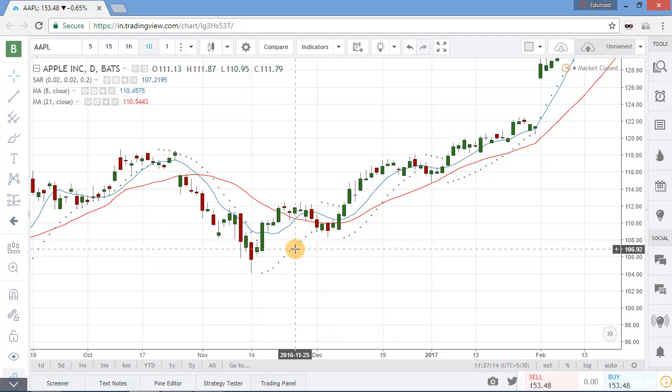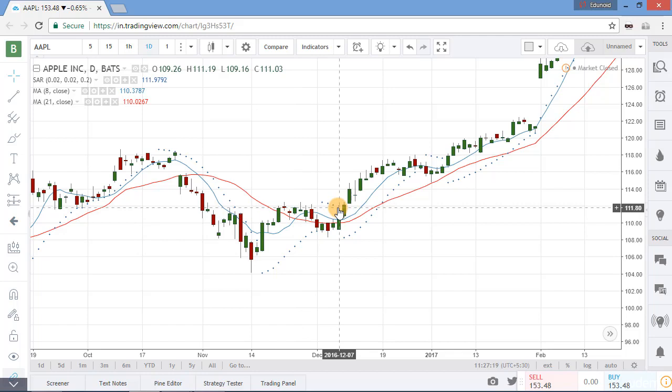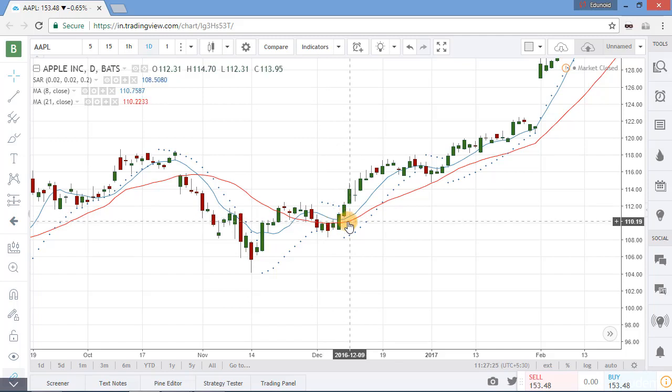Here we are getting four dots of bearish signal from PSAR, but the blue moving average is above this red moving average. So we will hold our position. Again we are getting the bullish dots, and the blue line, this 8 period moving average, is above this 21 period moving average.